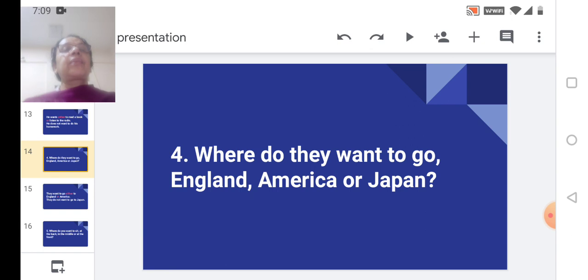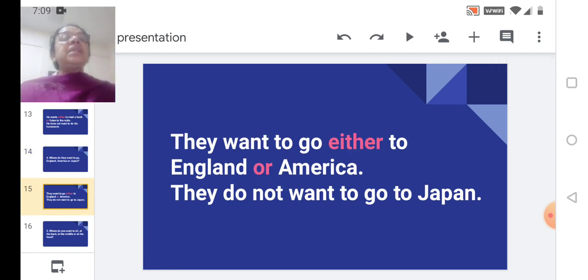Next, where do they want to go? England, America or Japan? Now here we are choosing places. We have to make use of either and or and choose these places. So let's find out. They want to go either to England or America.